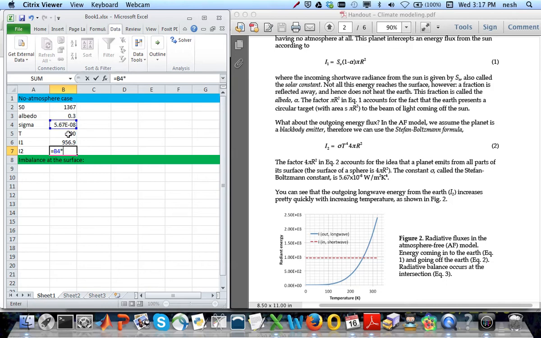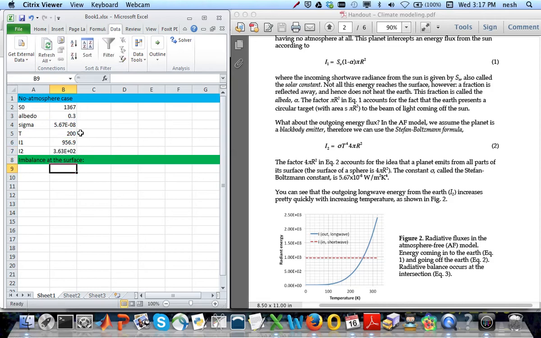T to the fourth, well, there's the temperature, but I need to raise it to the fourth power. And here's the syntax in Excel for doing that. You put this little hat and 4. So that's sigma t to the fourth. Now I still need this factor 4 right there, so that's just times 4. And I'm pretty happy with that, so I'm going to hit return.